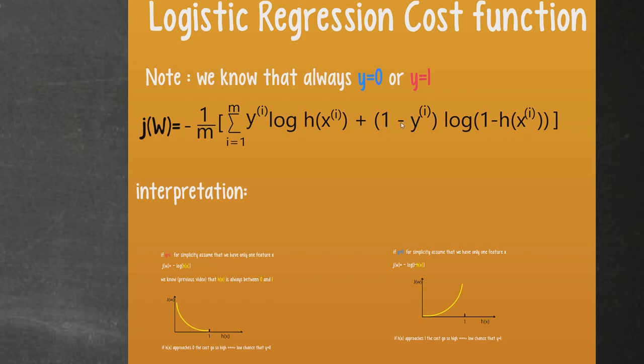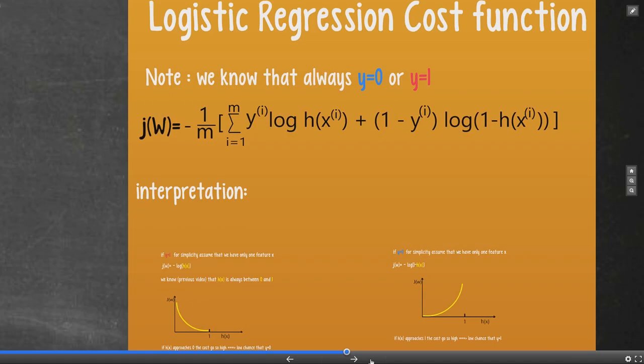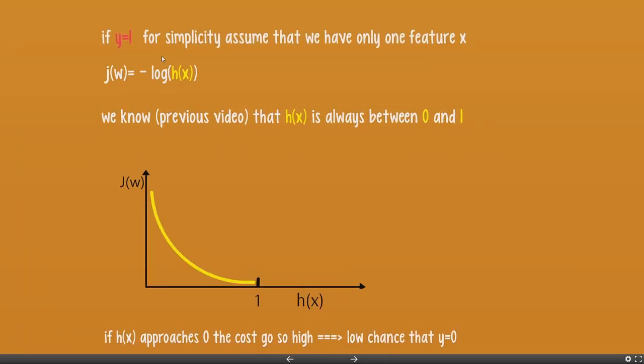So when y equals 1, 1 minus 1 is 0, so 0 multiplied, all this gets deleted. y equals 1, and m is 1, so 1 over 1 is 1, so it gets deleted here. So we have only log h of x, and this minus. So minus log h of x. Are we right? We are right. So minus log h of x is our cost if y equals 1.